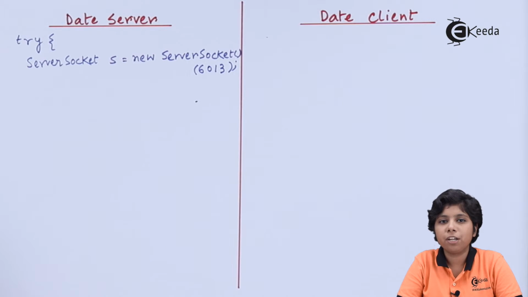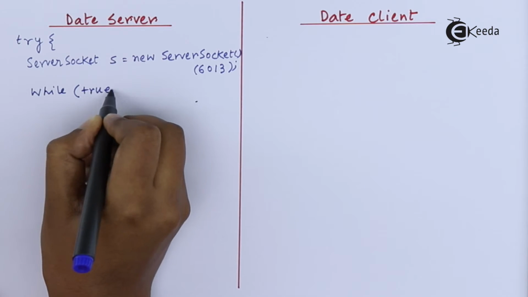Here first, we are creating an instance of the ServerSocket class, sock, which is listening to port number 6013 with the ServerSocket class constructor.